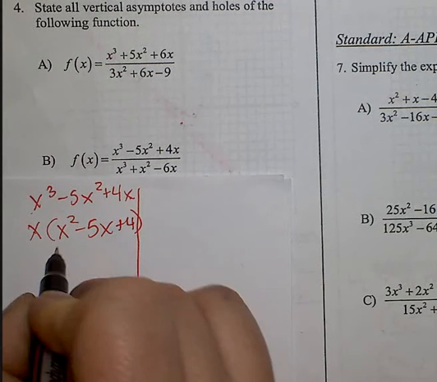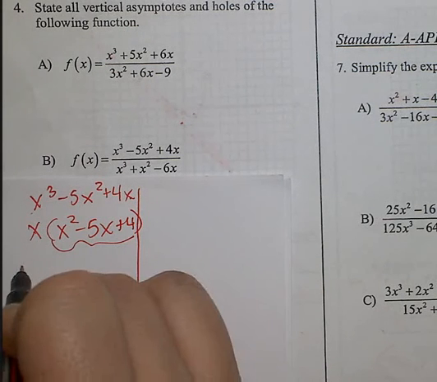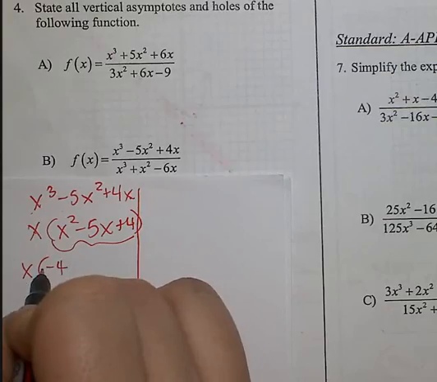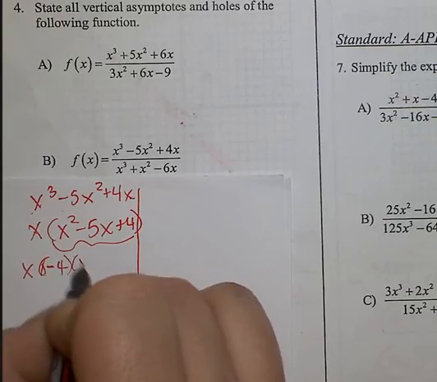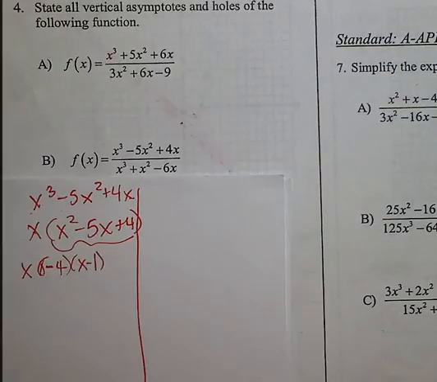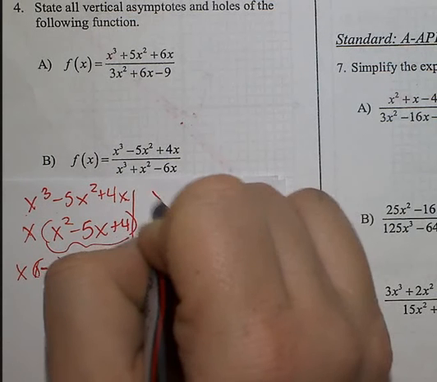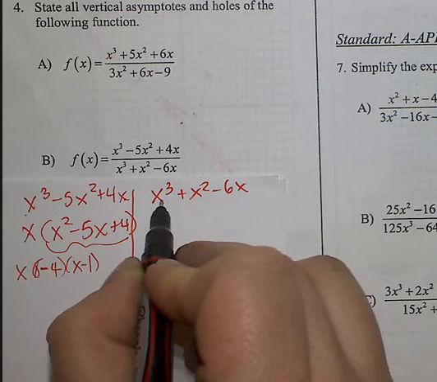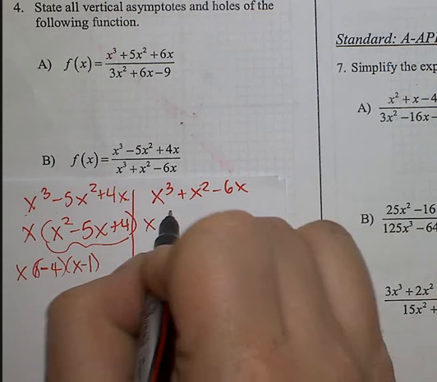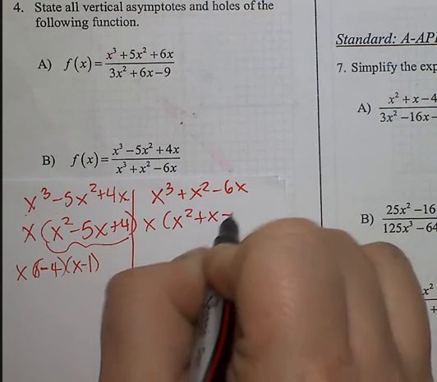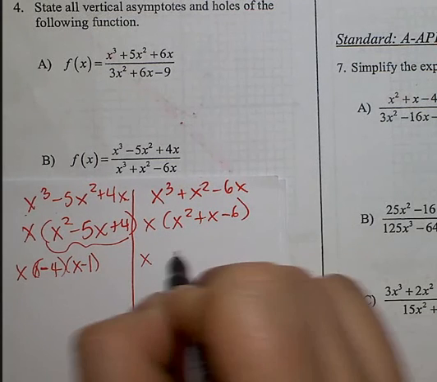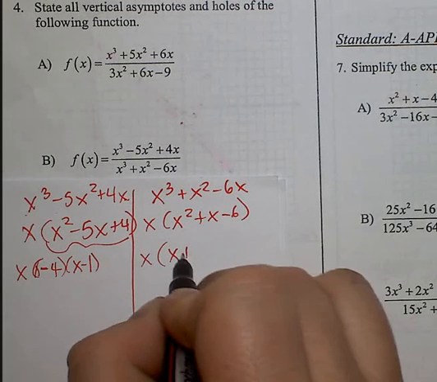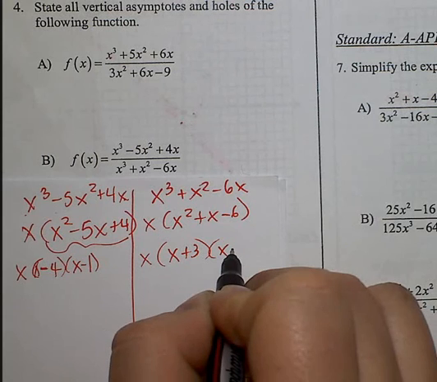The trinomial inside can be factored into x subtract 4 and x subtract 1. And I look at the denominator. Again, there's an x in each one of the terms, and this factors into x plus 3 and x minus 2.